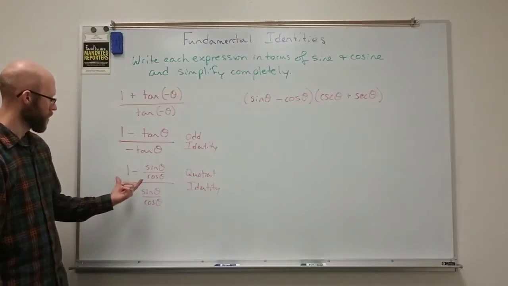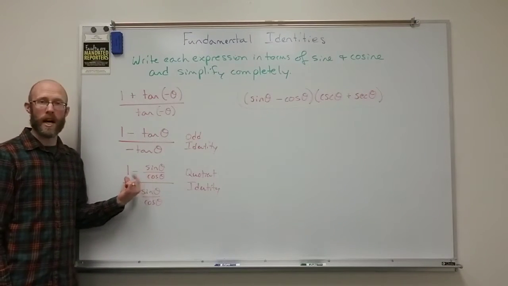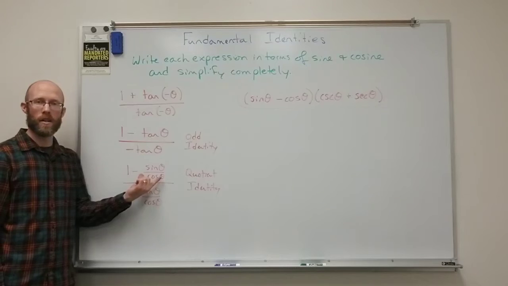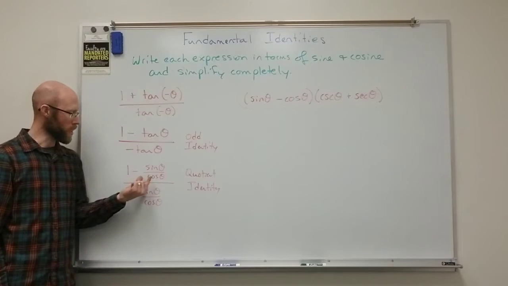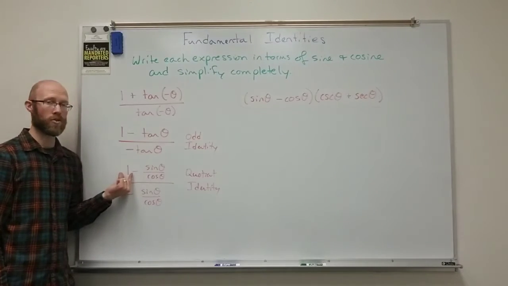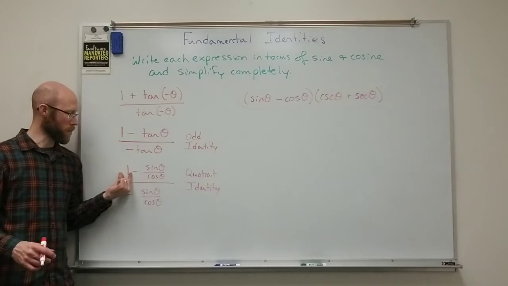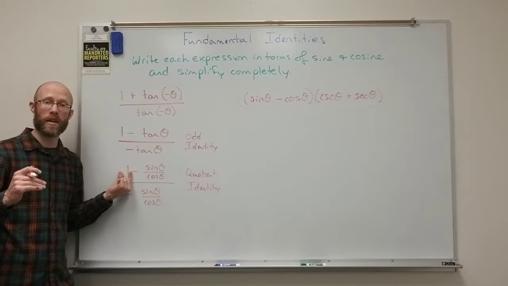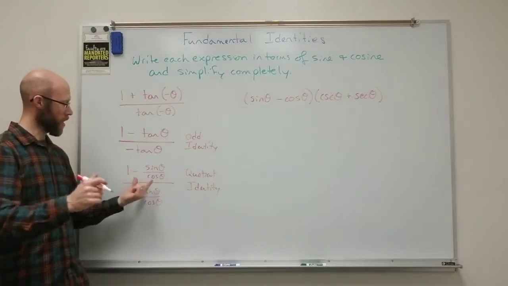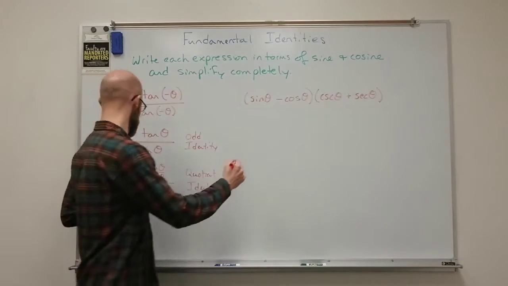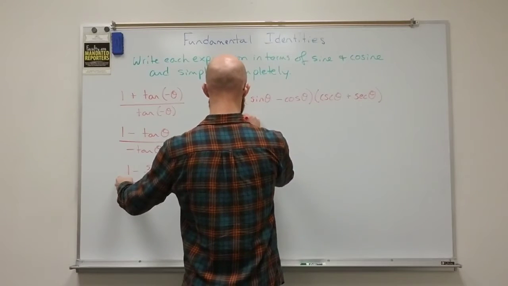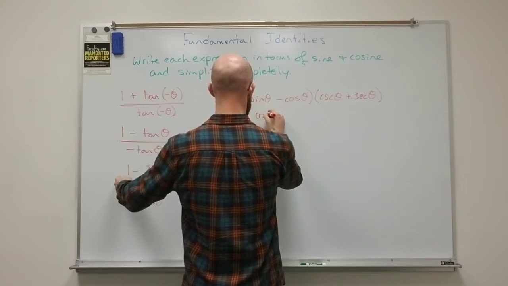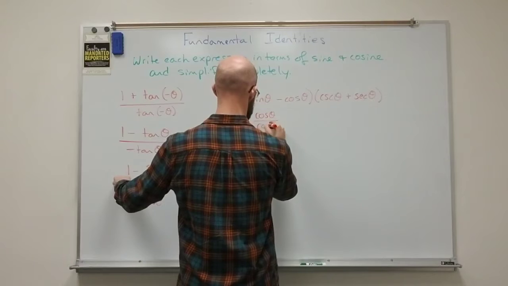Okay, so here I've got a difference up on top, 1 minus a fraction. To combine those, I'm going to need to get a common denominator. So this 1 should really be cosine over cosine. Anything divided by itself is 1, and I want the cosine on the bottom. So I'm going to rewrite it as the cosine of theta over the cosine of theta.